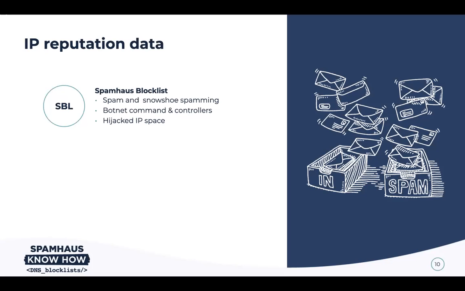Of course, doing this type of listing manually is not really going to scale much. So at some point many years ago, an entirely automated component was added to the SBL. It has its own numeric code, so you can distinguish between the manual ones and the automated ones. And it's called the CSS.